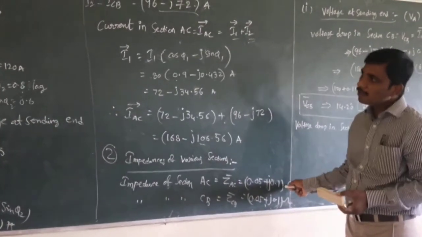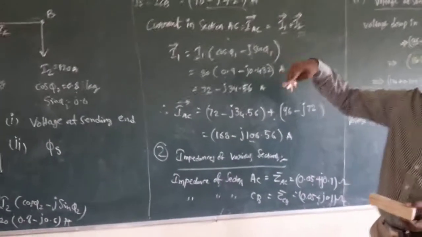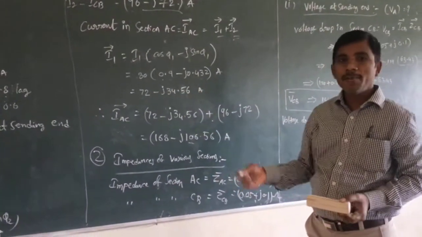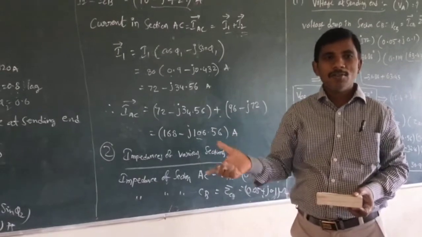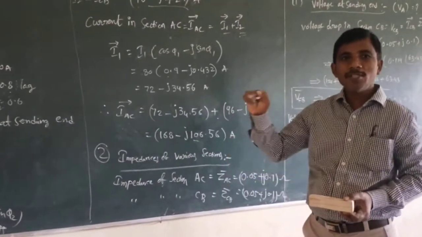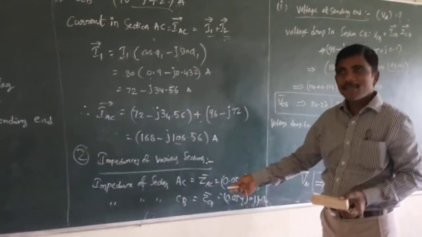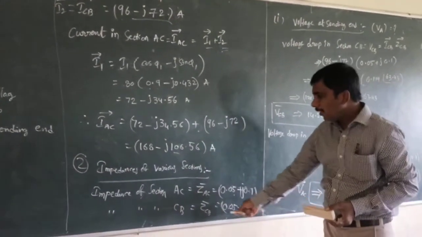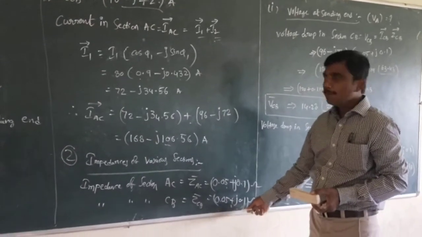If it were in meters we would have to convert into kilometers. In the last numerical problem we discussed how to convert meters to kilometers by dividing by 1000. No need for that because the resistance and reactance are already given per kilometer. Similarly, the impedance of section CB is the same.